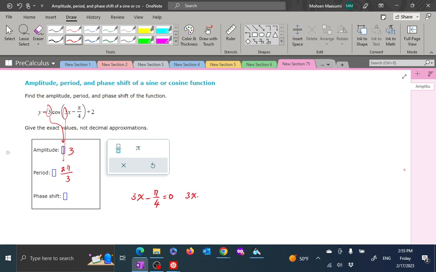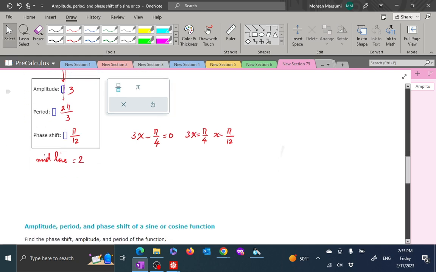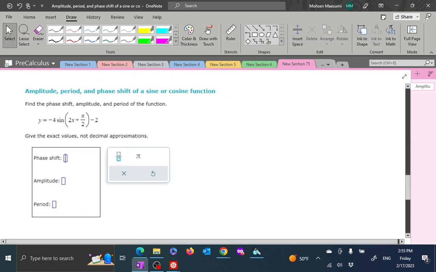So 3x becomes pi over 4, and so x becomes pi over 12, and that's what the phase shift is here, the location of the starting point of the fundamental cycle. What's the midline of this graph? The graph of cosine has been lifted up by 2 units, and that is the answer to that one.